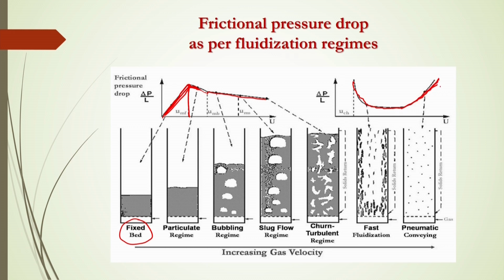In that case, for the dilute solid particles, there is a very small amount of particle interaction and particle-wall interaction, and the maximum part will come due to the high velocity of the fluid and the friction with the wall.